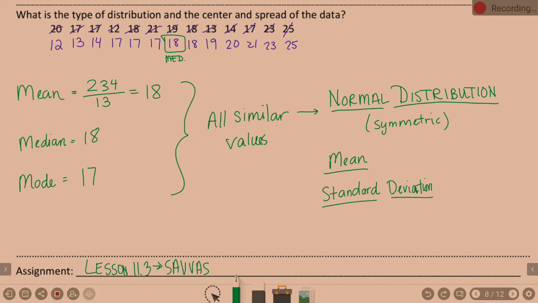Good news, we already have the mean, don't we? Mean is 18. What about standard deviation? 3.6. Maybe. I have more decimal places than that, but how are we doing the standard deviation?